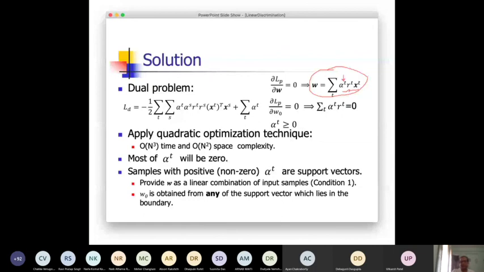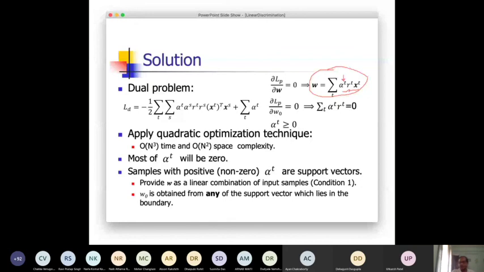And how do you get W naught? Because you can get W, which means now you can find out the samples which are in the class boundaries. You are not only getting W, you are also getting the non-zero alpha, meaning you are identifying those samples which are lying on the class boundary. So if I compute W transpose X plus W naught, what should be its value? Depending upon the class, it should be either +1 or -1.